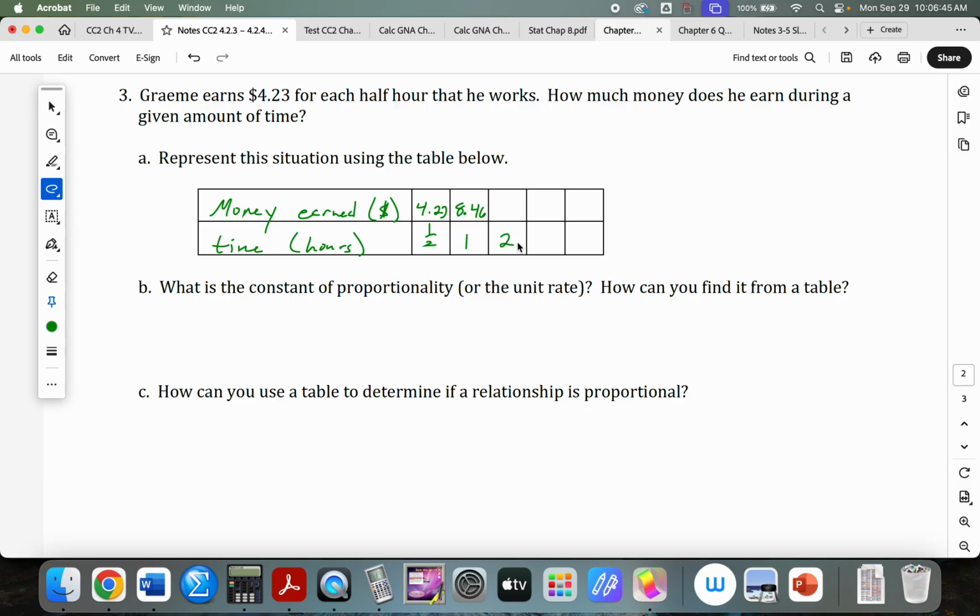If he was to work 2 hours, then what can we do to find that? Yes, ma'am. $8.46 times 2. Yeah. That would be what, $16.92?